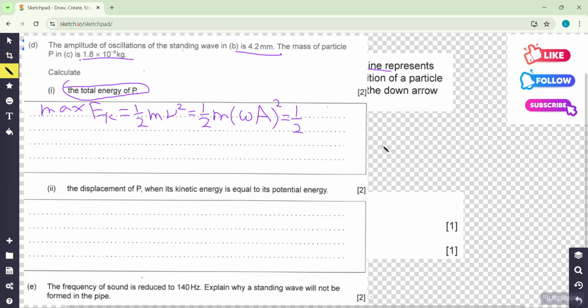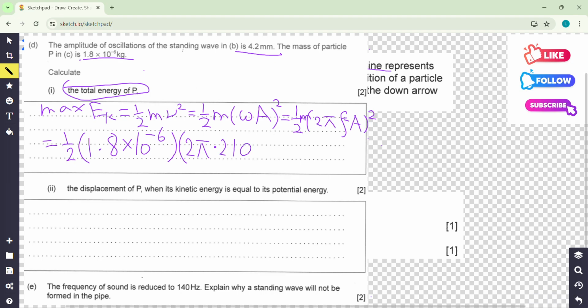So the question asks you to use a lot of equations. So it's half m times (2 pi f A) all squared, and bingo, we get all the ingredients. Just a substitution. Equals half, mass is, copy it, 1.8 times 10 to the power negative 6. And then all the things need to be squared. Frequency, copy it from before, is 210 hertz.